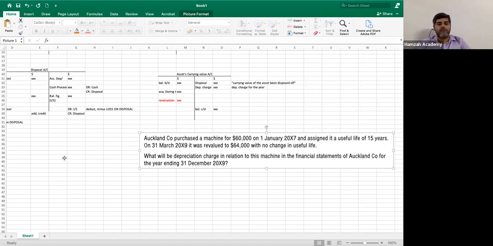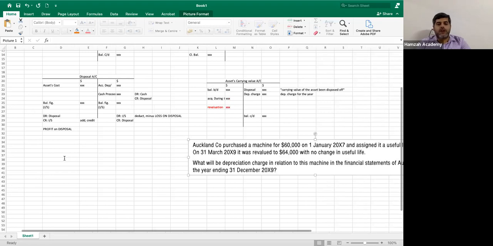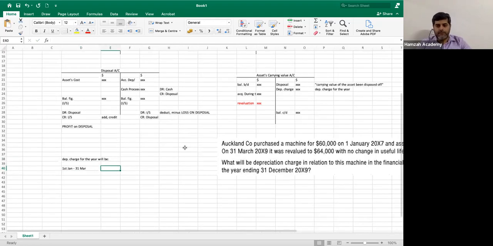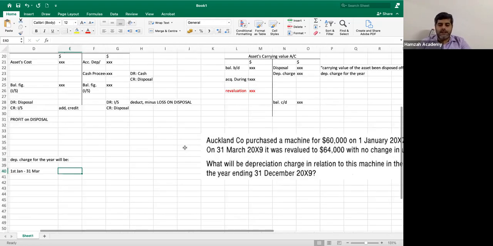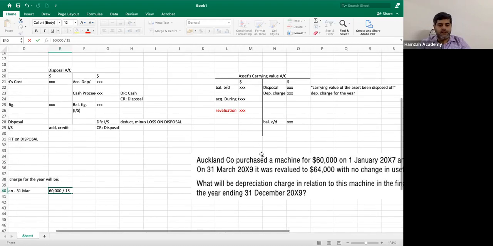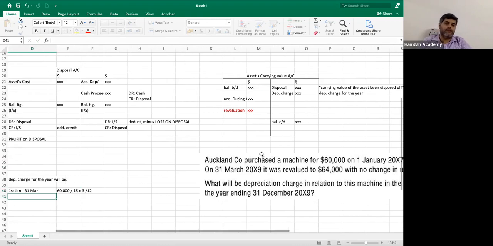So the depreciation charge for the year, from 1st January till 31st March, will be 60,000 by 15 years into 3 by 12.